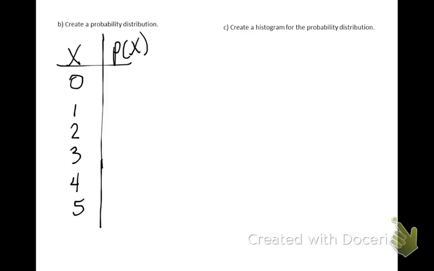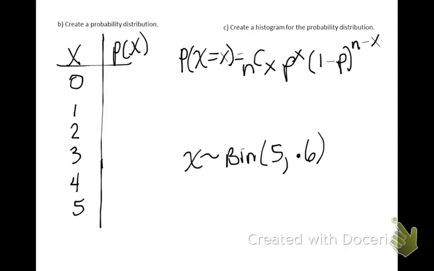To do this, let's go back to our formula to calculate probabilities. We said that the sample space was 5, or that n equals 5, so we could come up into the formula and replace n. We also know that the probability of success, p, is 0.6, so we can replace p by 0.6.